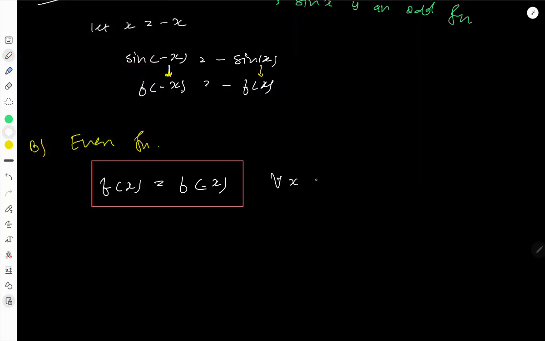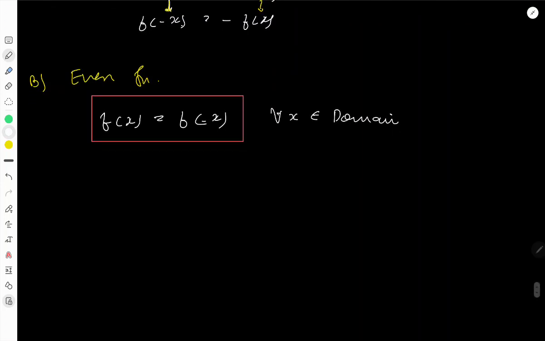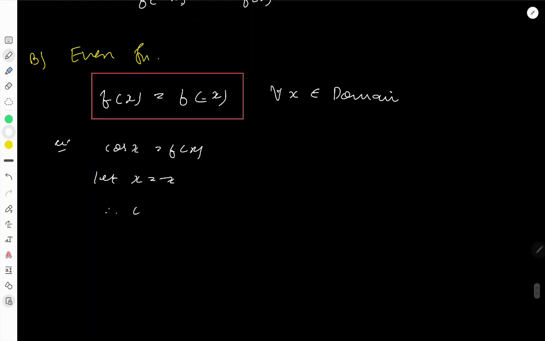Let us complete the definition for x belonging to the domain. Let us take the example of cos x equal to f of x. Let x be equal to minus x. Therefore, cos of minus x equals cos x.